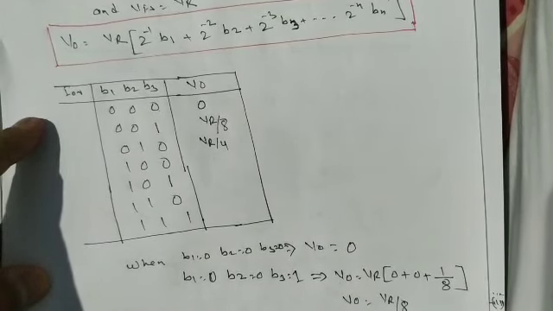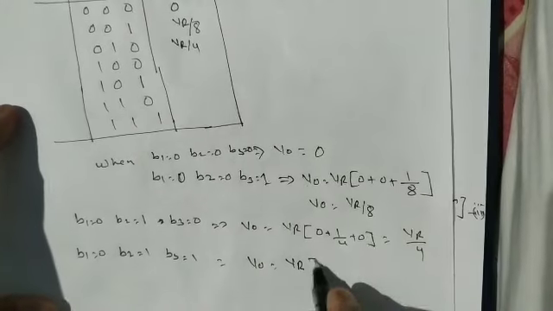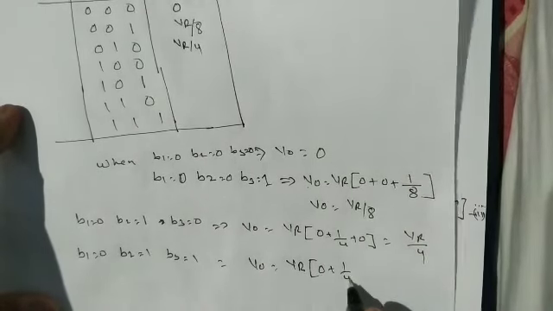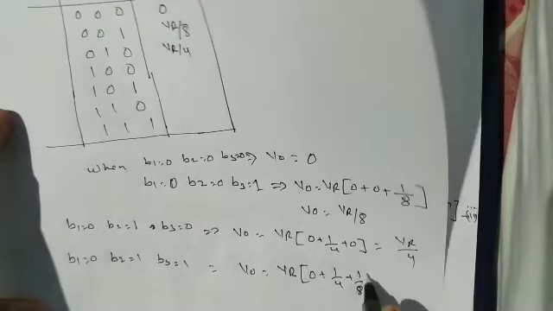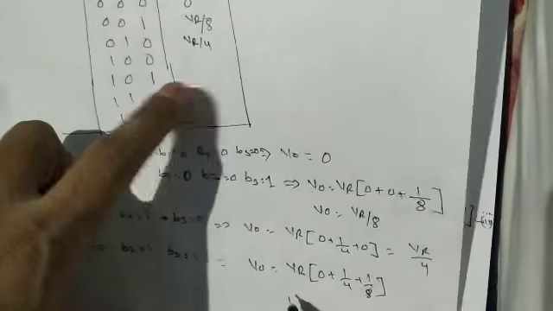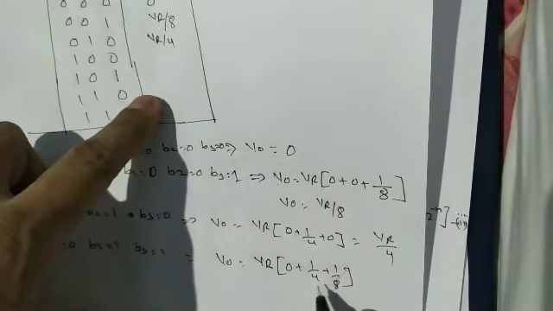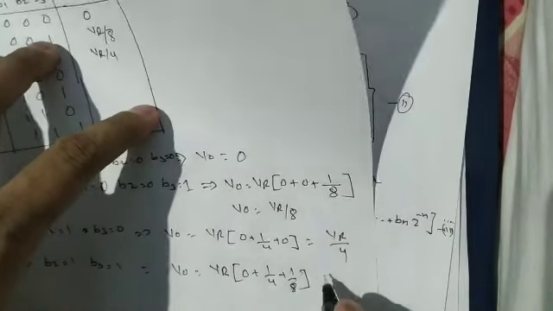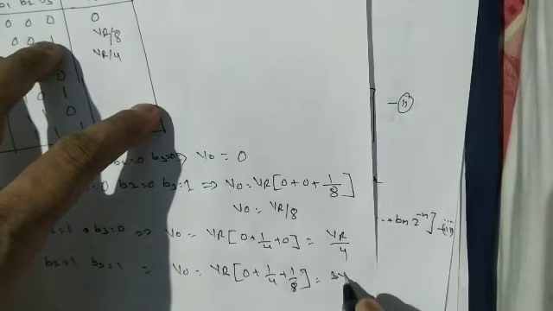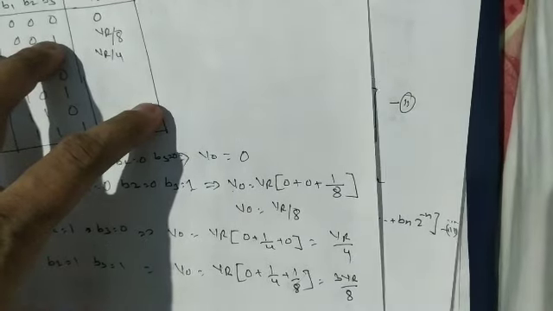Equal to VR times 0 plus 1 by 4 plus 1 by 8. So LCM will be 8.